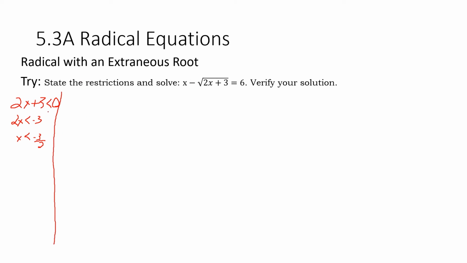Let's solve the radical equation. So x minus root 2x plus 3 equals 6. Bring the x over to the other side, and we'll have negative root 2x plus 3 equals 6 minus x.